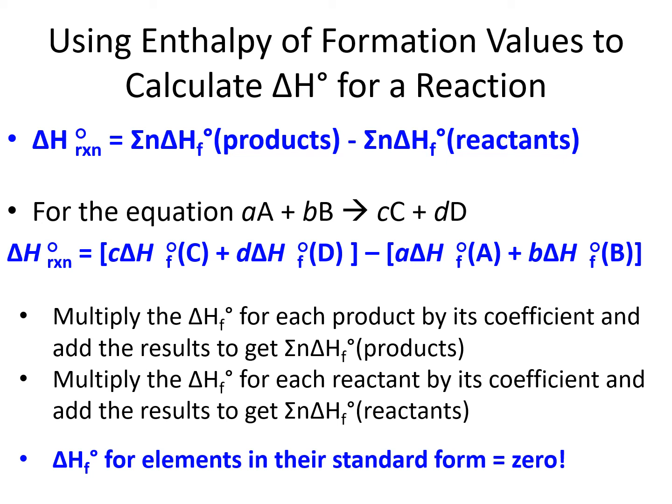We'll multiply the delta HFs for each of the reactants by their coefficients and add those up. And we're going to do products minus reactants.